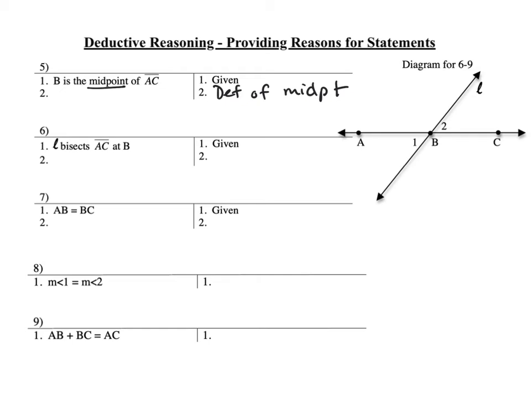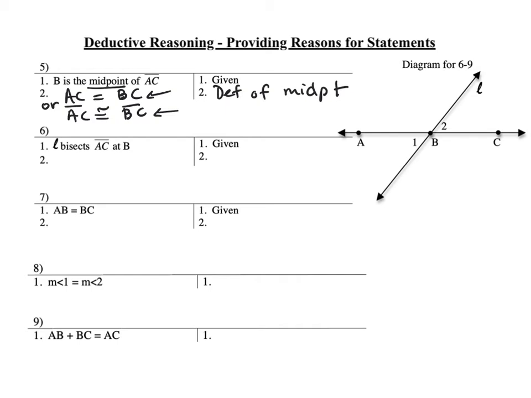So if B is the midpoint of AC, then AB would be equal to BC. You could also say that AB was congruent to BC. Notice the difference. If we don't put a bar, they're numbers. We put a bar, they're shapes. Shapes are congruent, numbers are equal. This is an or, either one.